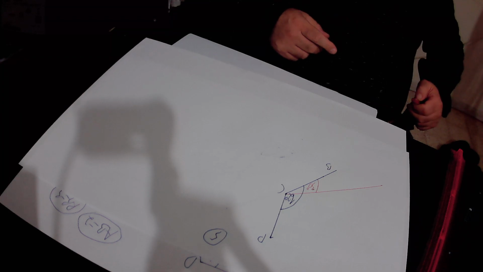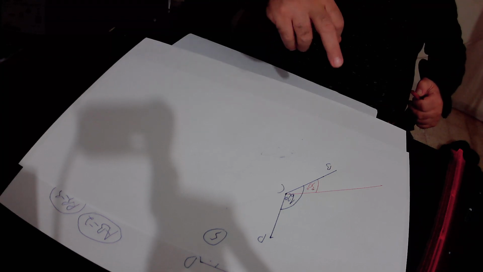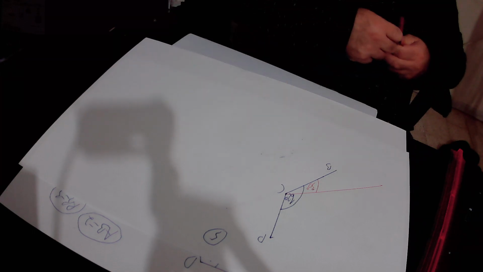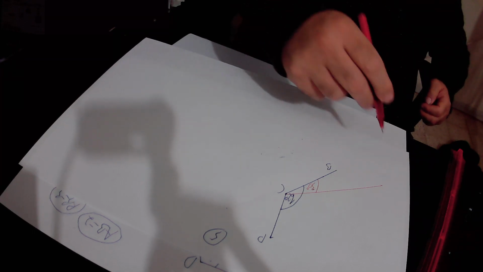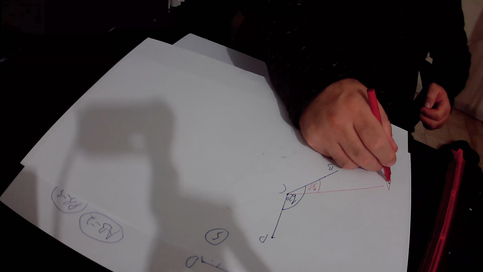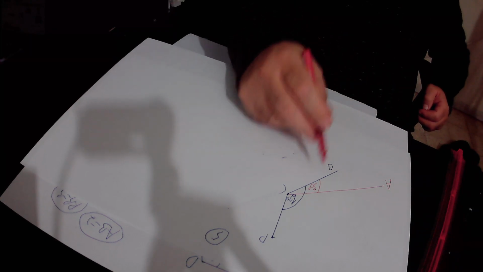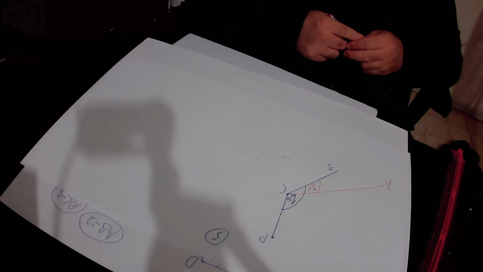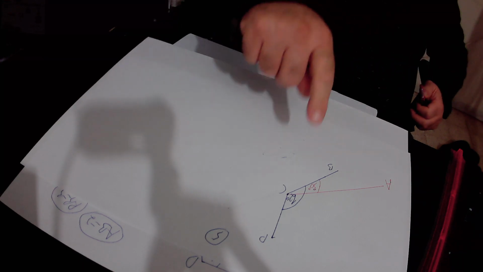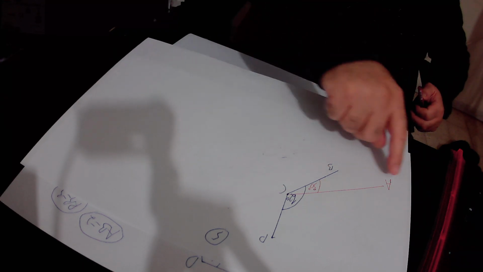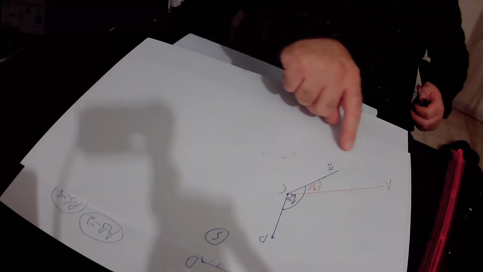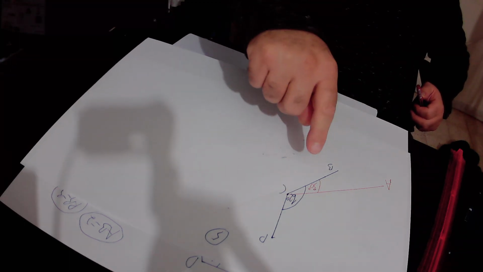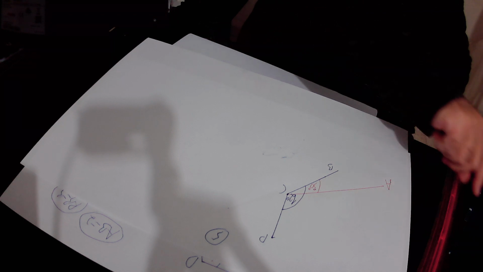So the missing angle, this is angle PCA, and angle ACB is equal to 30 degrees, the small angle. Therefore, the missing angle PCA will be equal to the big angle PCB minus the small angle ACB. So write it down.